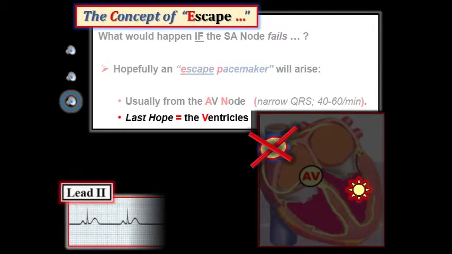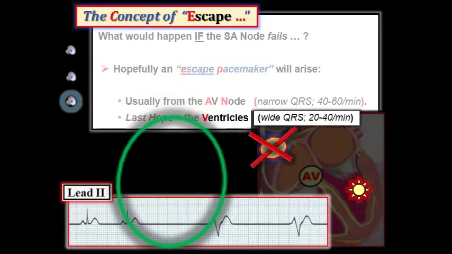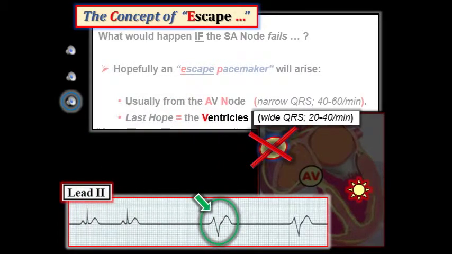If this happens, the escape QRS complex will be wide because it originates from the ventricles, and this wide QRS will not be preceded by any P wave. The intrinsic rate of a slow idioventricular pacemaker is usually between 20 to 40 beats per minute. This is clinically relevant.